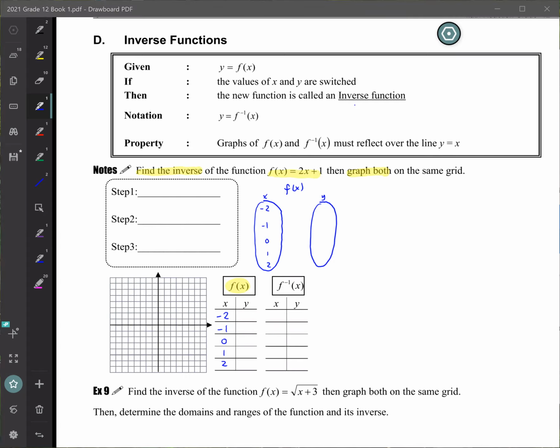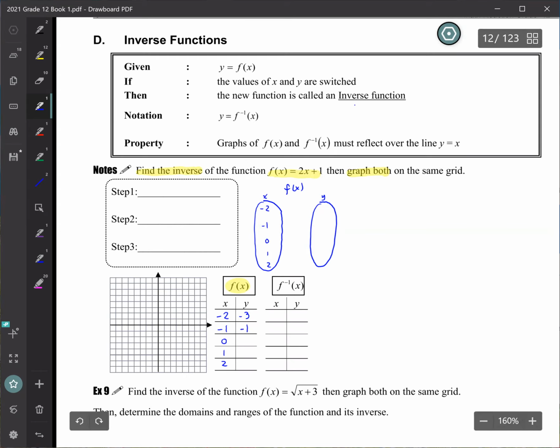Okay, please raise your hand if you finished the table. Evan, what do you get for -2? I got -3. And Marcus, how about -1? I got -1.